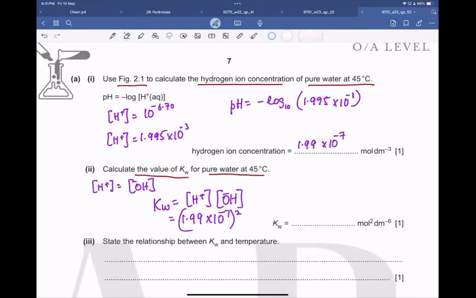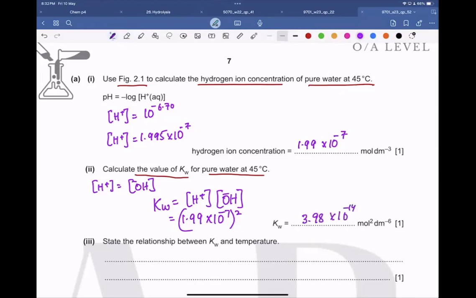Sorry, we don't need to calculate the pH, we need to calculate the square of the hydrogen ion concentration, my bad. Can anyone calculate the square of this concentration? It's 3.98 exponent minus 14.